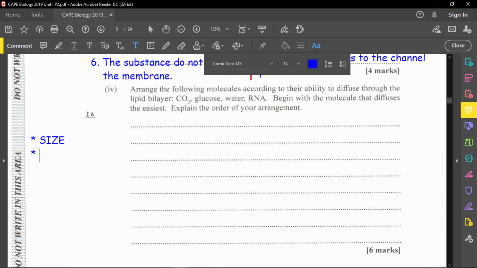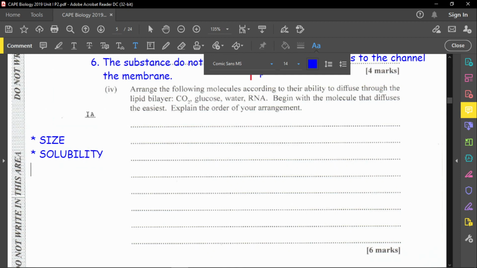Liquid has less kinetic energy compared to gas, and solid has less kinetic energy compared to liquid. So size and the kinetic energy of the molecules determine how fast they will diffuse, generally. Solubility is also important in terms of diffusion.